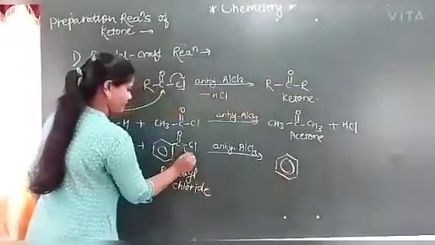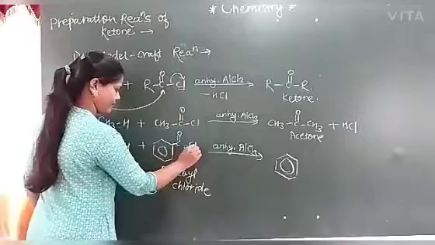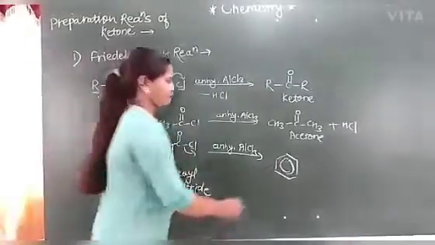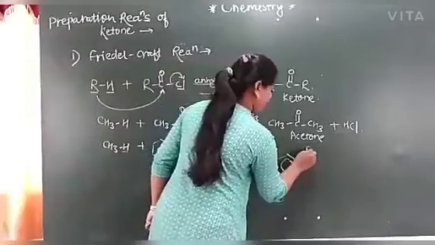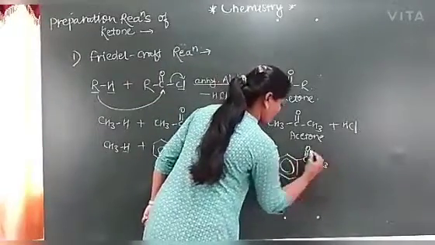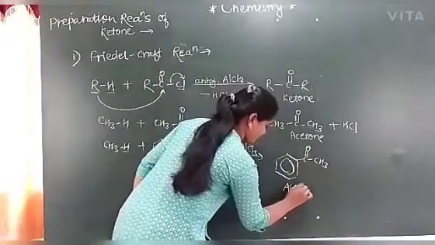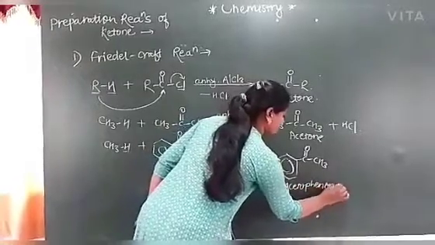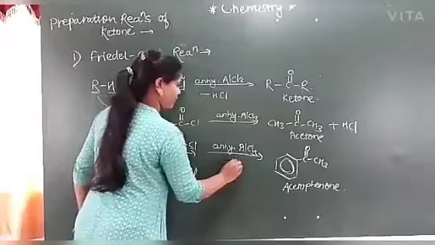Simple this one. Cl will get removed, HCl will form, and this CH3 will be attached on this carbon atom. So the formation of acetophenone takes place by the removal of HCl.